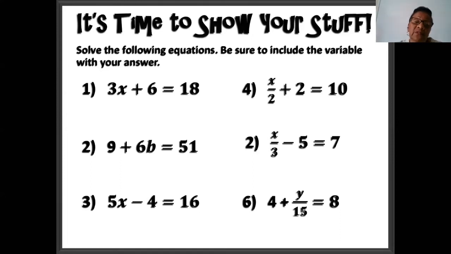Your answer is written in equation form: x is equal to whatever your solution is. Remember, follow the steps that we just learned. Okay? Go ahead and start your working.